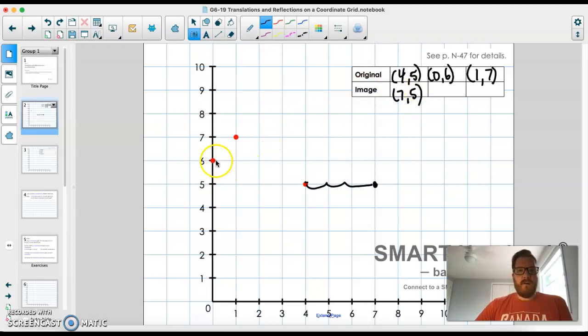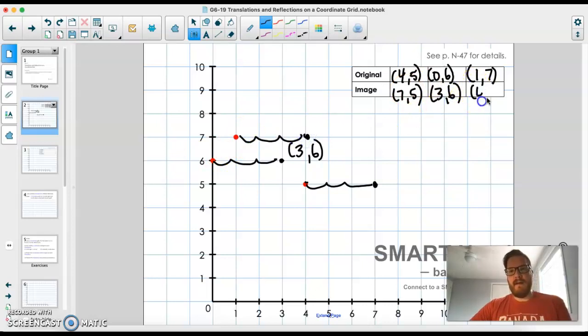And then this one we go 1, 2, 3. So we're now right here, at 3.6. And then this one is going to go 1, 2, 3 and end up over here. And so I'm now at 4.7.